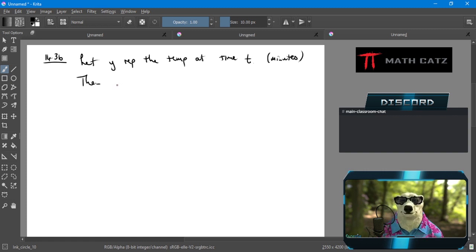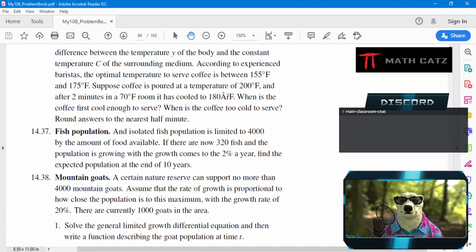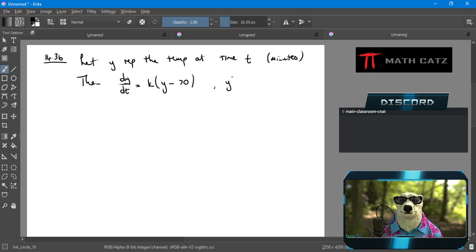Then my coffee is going to cool at a rate that is proportional to the difference between the coffee temperature and the room temperature, which is 70. What is the initial temperature? They say it is 200. So 200 degrees, the initial coffee temperature. Now, I go through the motions and solve this differential equation.